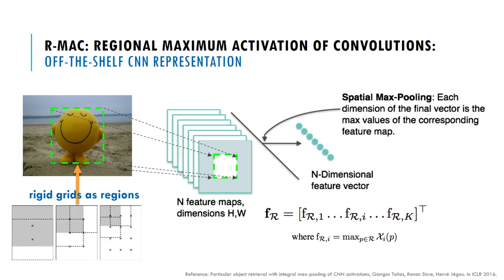Now, where it gets more interesting is RMAC. RMAC is the regional maximum activation of convolutions, and what's interesting about this is that we take the same concept that I just mentioned, but we apply it as a region within the feature map.